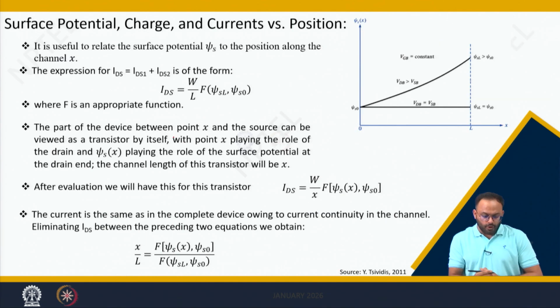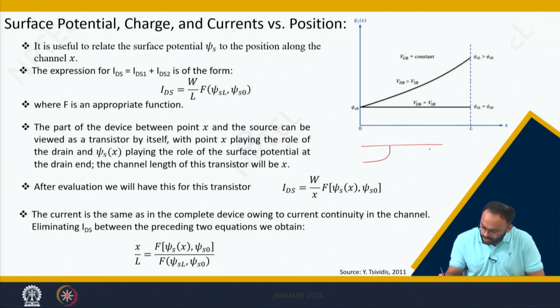Now let us see how we can relate the surface potential, charge and current with respect to position. For example, we have a MOSFET and we formulated all those equations between 0 and L. So this is N plus, source terminal, drain terminal, we have an oxide and gate terminal.